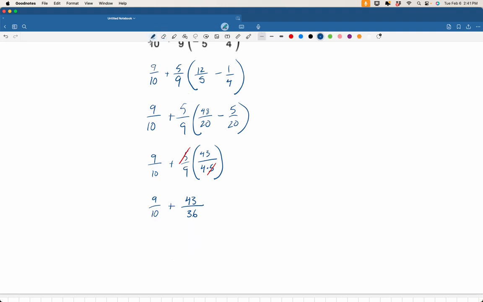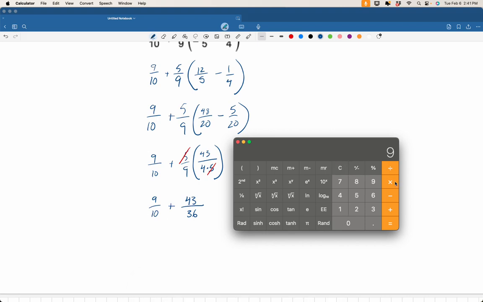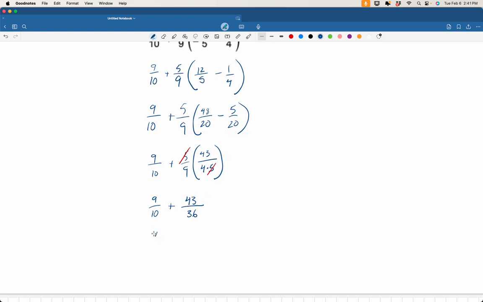Okay, so I'm going to multiply by 18 on this side. So I know 180 will work. So we're going to multiply by 18 here. 9 times 18, I don't have a clue what that is. We'll use the calculator. 9 times 18 is 162. 162 over 180, because 10 times 18 is 180.